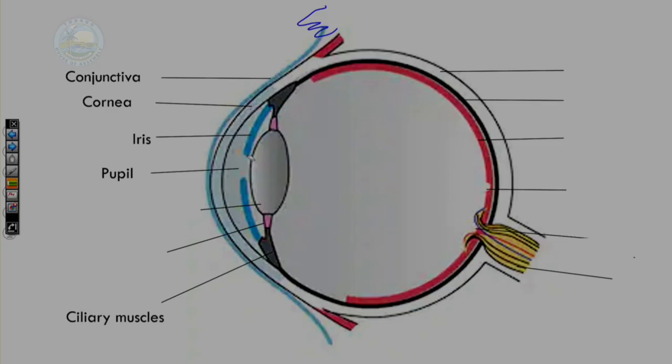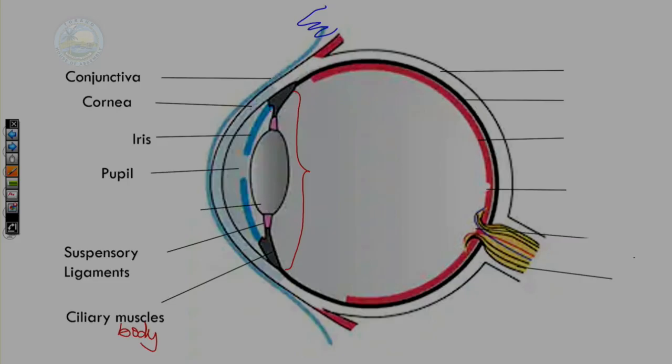Now the structures behind these first four areas consist of this region right here. Here we have the ciliary muscles, or ciliary body. You will see ciliary body as well. Because they are muscles, what do muscles do? They contract and relax, and they are going to bring about changes in this structure up here.